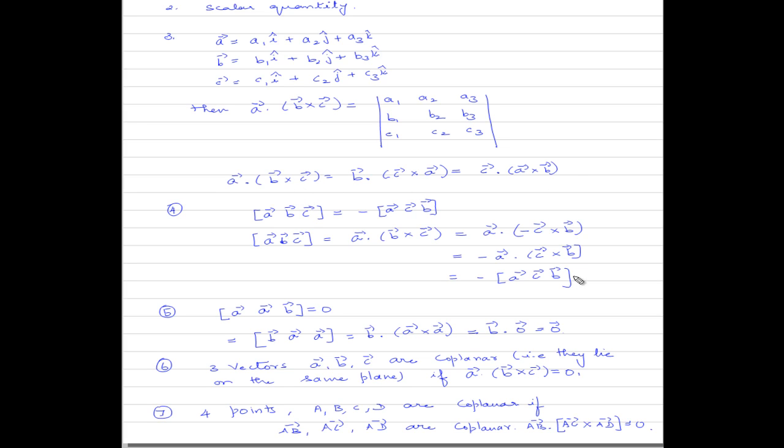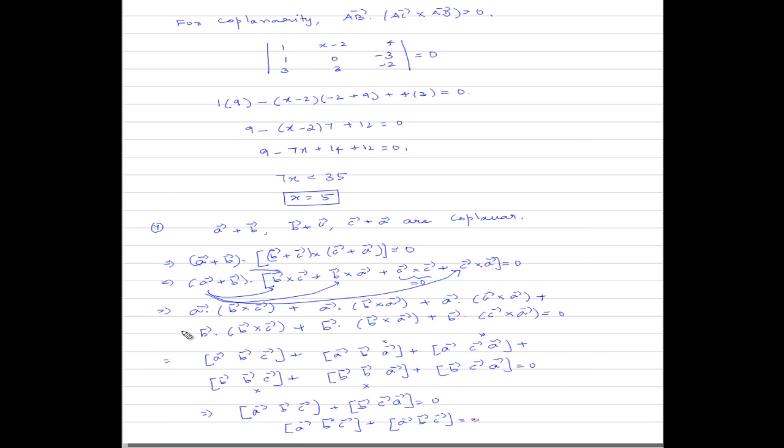So using the property, [a b c] will also be equal to [b c a]. Therefore, we can write this as 2 times [a b c] is equal to 0, or [a b c] is equal to 0, which means that the a, b, c vectors are coplanar. So if you are able to prove that the scalar triple product is 0, then the vectors are coplanar.